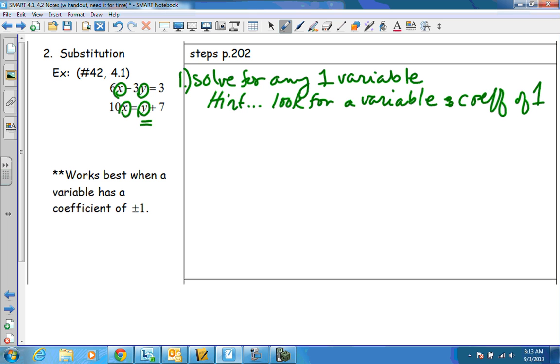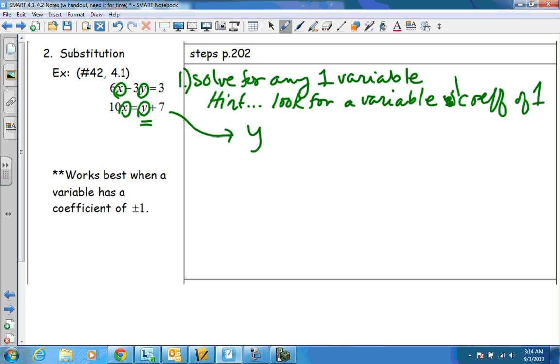Just look for a variable with, let's say, a coefficient of 1. Nope. You can if you want, but I'm just going to solve for that y right there.